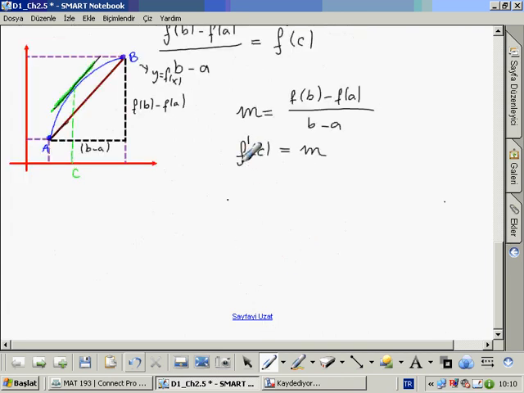So a is less than c, c is less than b. We have just found a c point in the open interval a comma b such that f prime of c equals f of b minus f of a over b minus a, which is the slope of the tangent of this curve. This is the mean value theorem, and by using this theorem we will solve lots of problems in future. Particularly, let me give you increasing and decreasing functions.